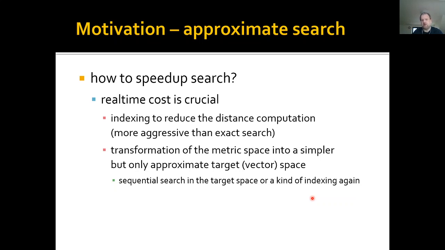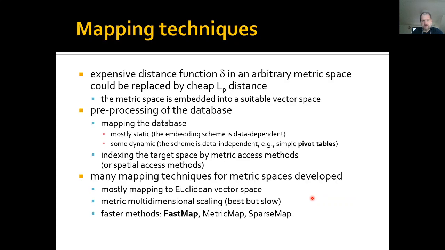We have objects of metric space, so we need to do it appropriately for metric space. Okay, so these are two categories. The second category is mapping techniques: making a space, turning one hard space into some other easier space.